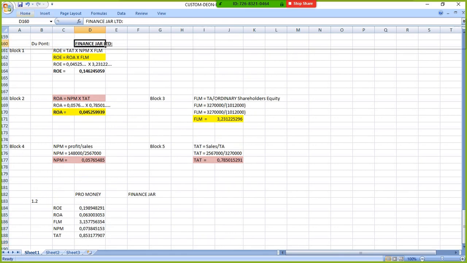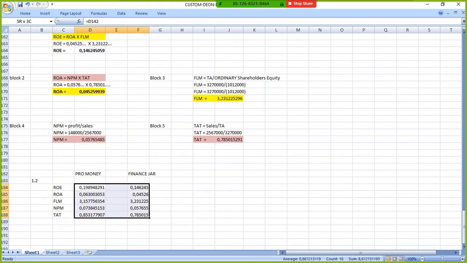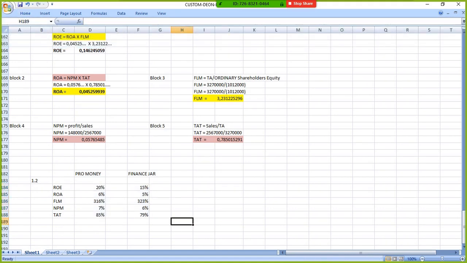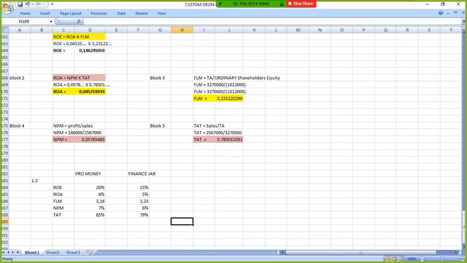Okay, for Finance Jar, ROE, ROA, FLM, NPM, total asset turnover. Okay, make those percentages. All right, this one's not a percentage. Okay, and then we can comment.